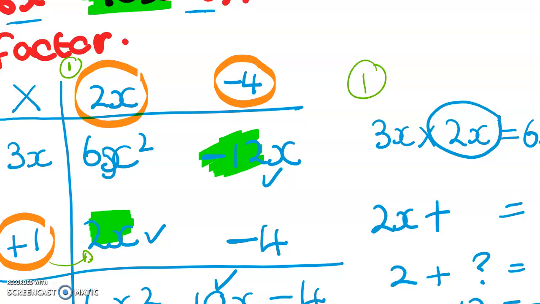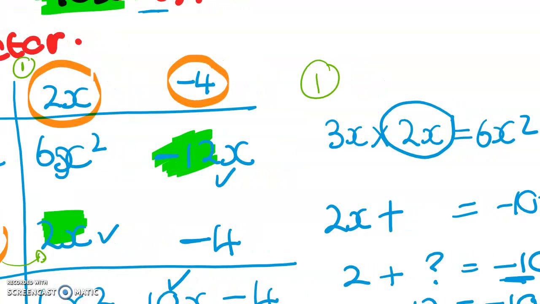And that led me on to step 3. Step 3, I said, well, 2x plus what will give me minus 10x, the middle term? Because remember, the 2 terms in green had to add up to give you minus 10x. And 2x minus 12x gives minus 10x. So I put in the minus 12x, so that gave me step 4.